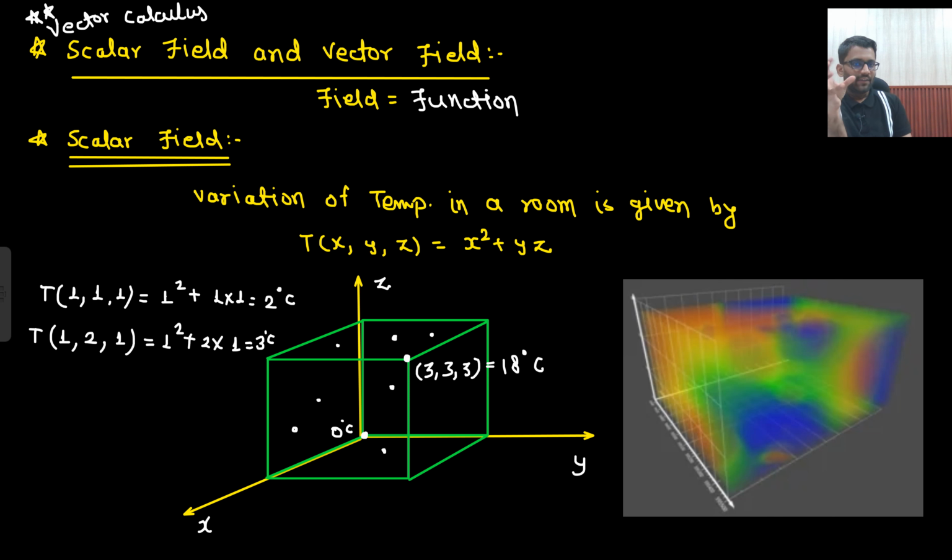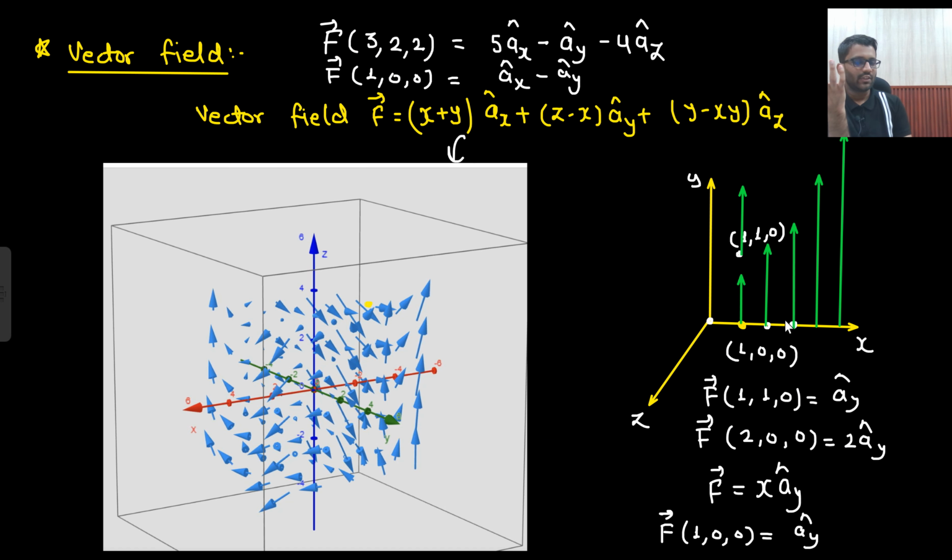Scalar field, vector field at different points in the space, it will be a function of a particular coordinate system. So here the temperature is a function of x, y and z. Here also it will be a function of x, y, z, or it could be a function of time as well, but the thing is they will be vectors. So at different points you will be getting different vectors.